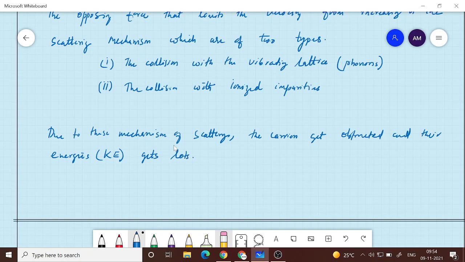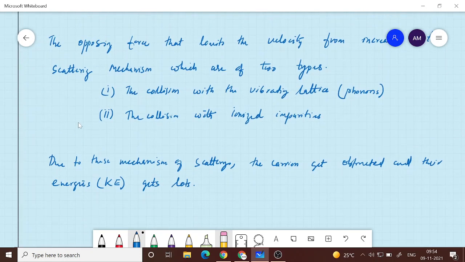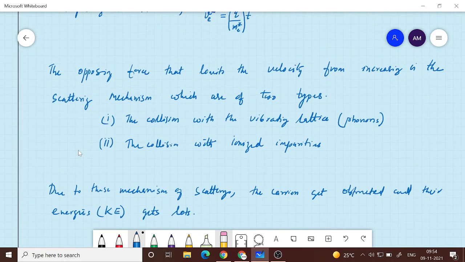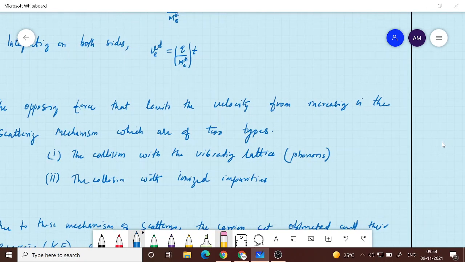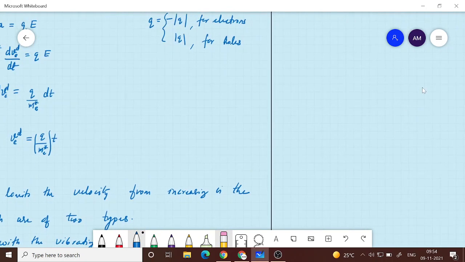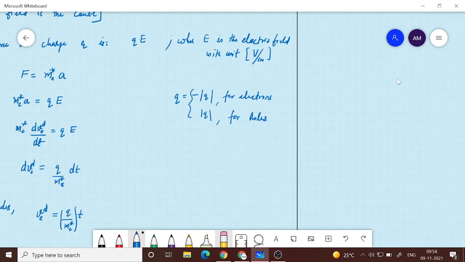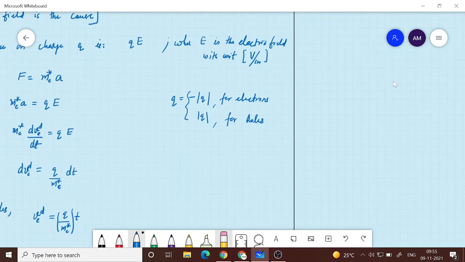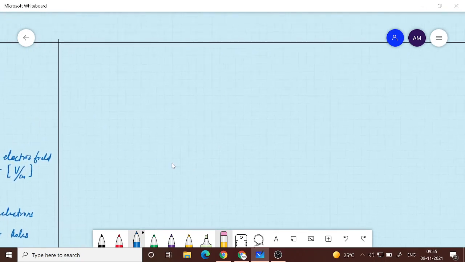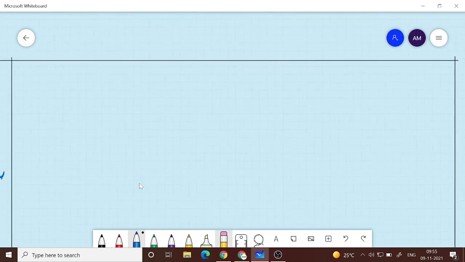So then it is as if they have to start all of a sudden again from that point of time, from zero. Again the acceleration will happen, and by the time it reaches some maximum speed, another scattering will happen. So this is a random, statistical process, and we have to talk about an average velocity. The formula that we have done is q over m* times t.